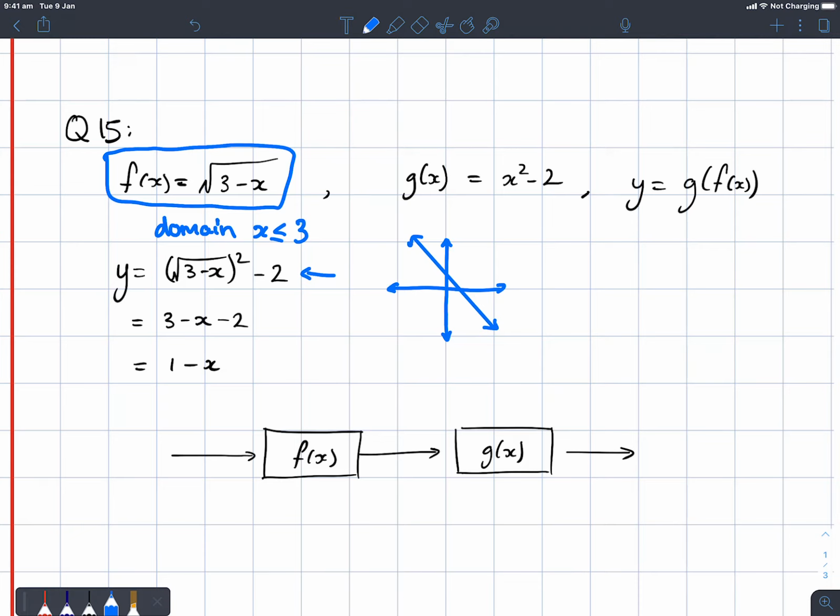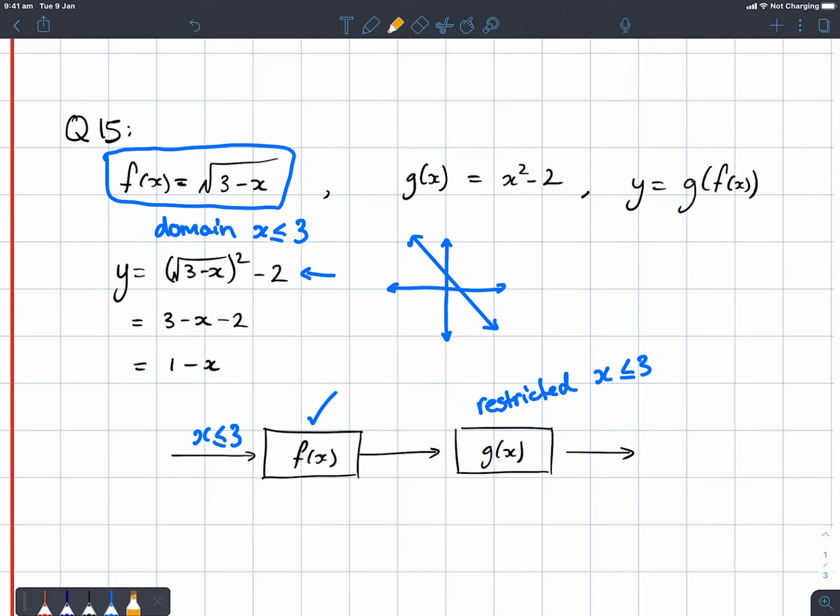If x is greater than 3, we're starting to find the square root of a negative number. And when we find the square root of a negative number, it doesn't exist, so that function stops working. So all our x values that we're putting in have to be less than or equal to 3. They're the x values we can put in for f of x to work, which means g of x is restricted, x needs to be less than or equal to 3.